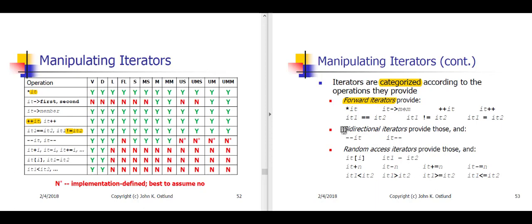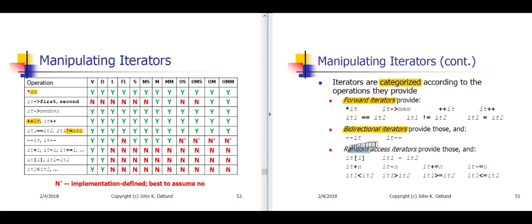There are also what are called bi-directional iterators, which allow you to go the opposite way of a forward iterator. So if you have a bi-directional iterator, you can go both forward and backward through the container.